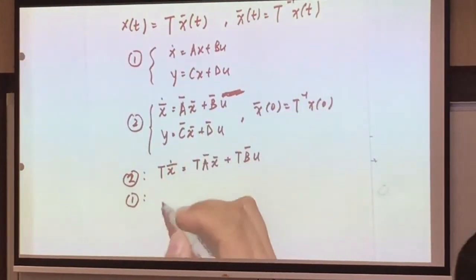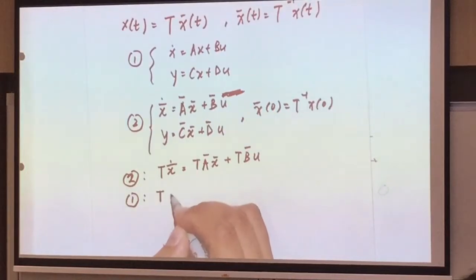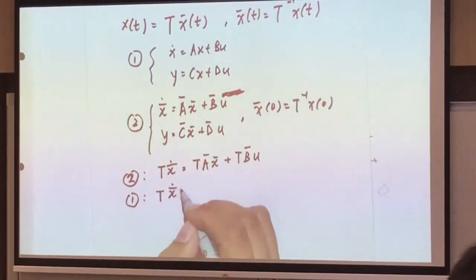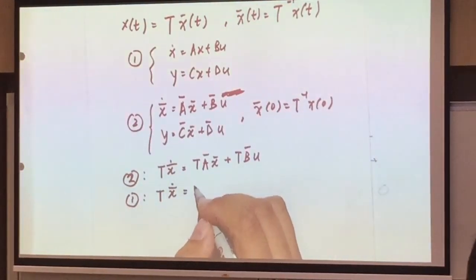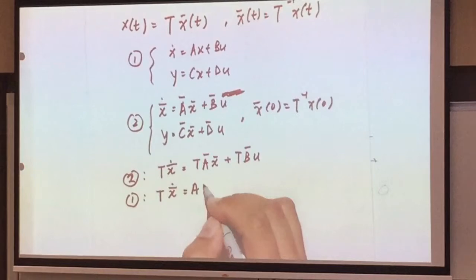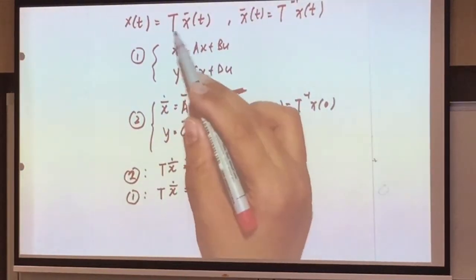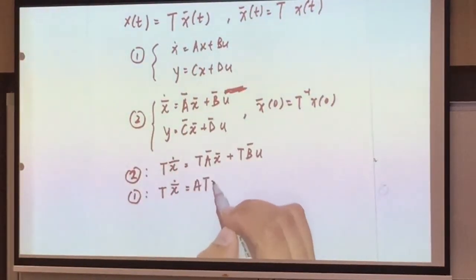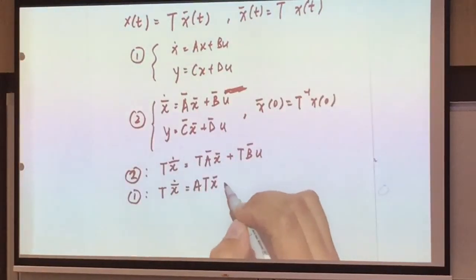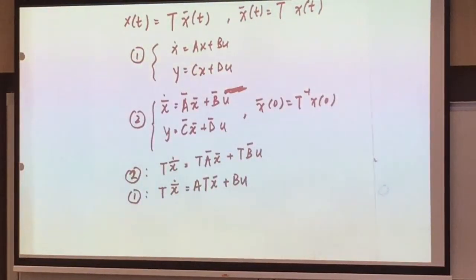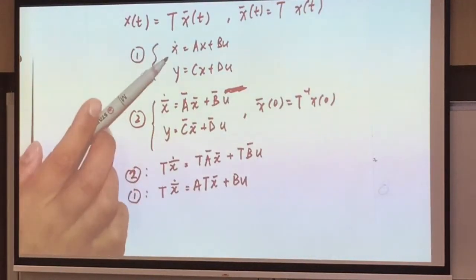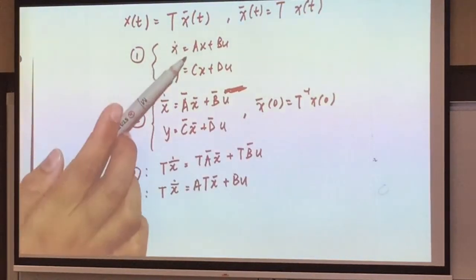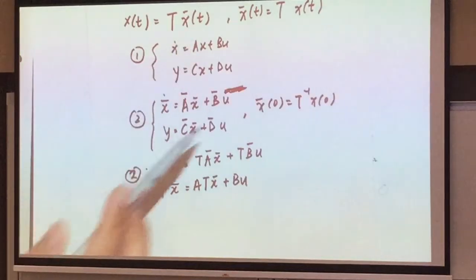So you have T x bar dot is A, x is now T x bar, plus Bu. This is from 1. So x is T x bar. X dot is T x bar dot equals A T x bar plus Bu.